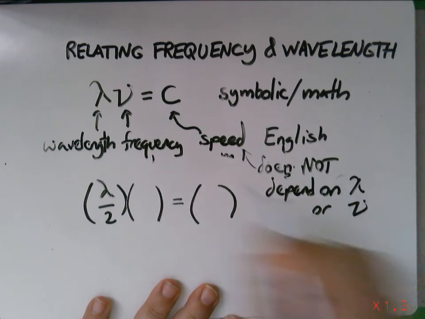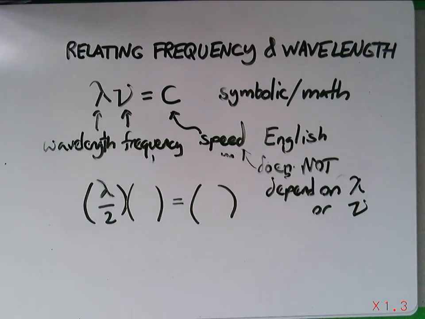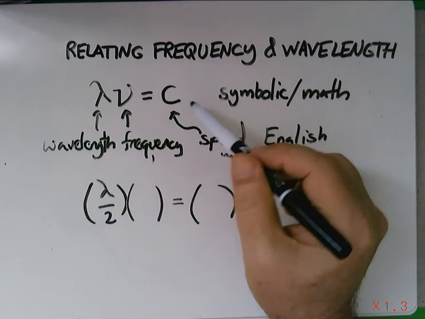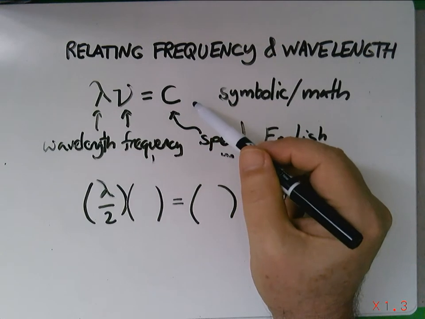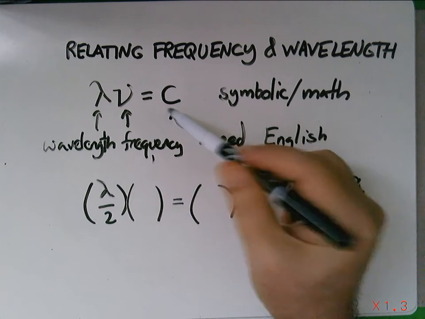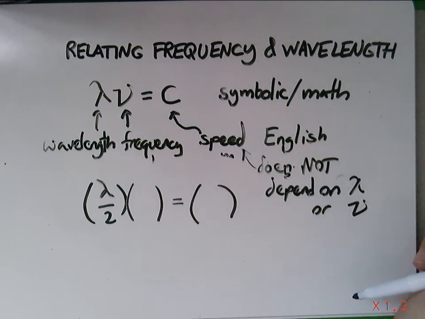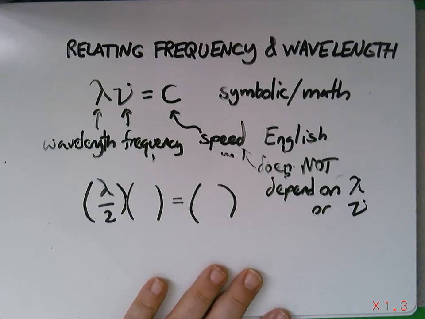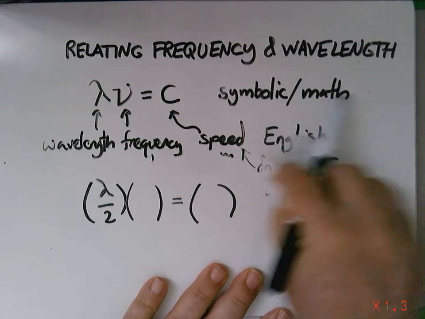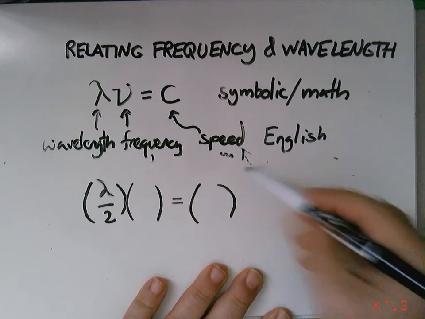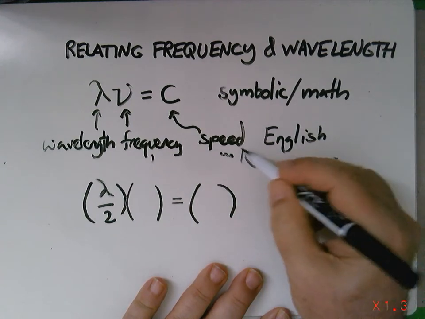It depends on the product of the two things. So this is pretty much a constant, and the speed of light is a physical constant in a vacuum. It's not going to change whenever the frequency or the wavelength of the light changes. It's still going to be a constant. So it's kind of important to know that that's a constant. And it depends on the medium that you're traveling through. We said that before.